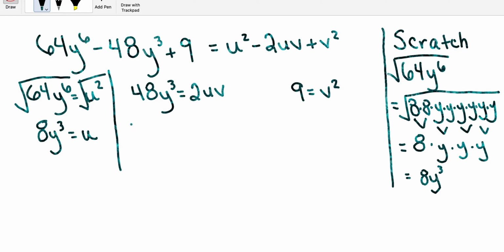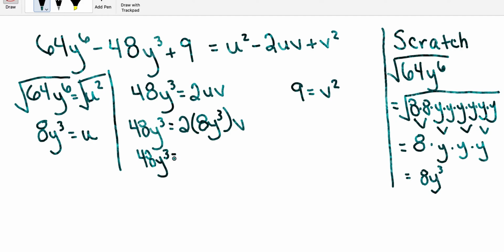So 48y cubed comes down, 2 comes down, but instead of u, we're going to substitute 8y cubed, and then v comes down. Okay, we have 48y cubed. 2 times 8y cubed is 16y cubed times v.